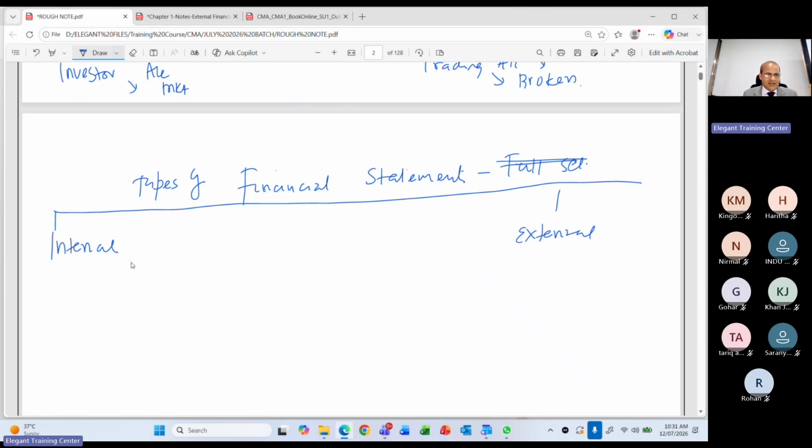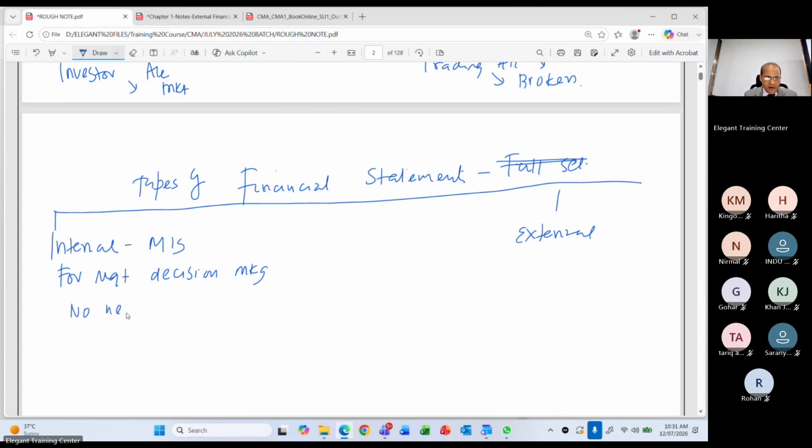Internal financials, you can say your MIS, management reports: give me aging analysis, give me inventory report, give me production report, give me sales report. Those are for internal use, internal financials, and that is for management decision making.